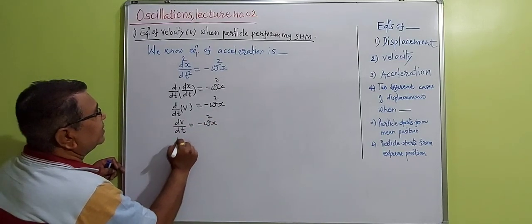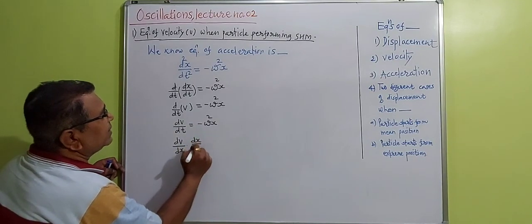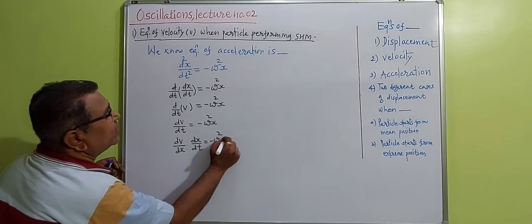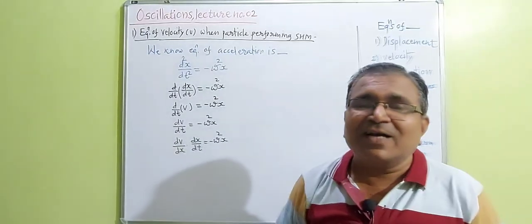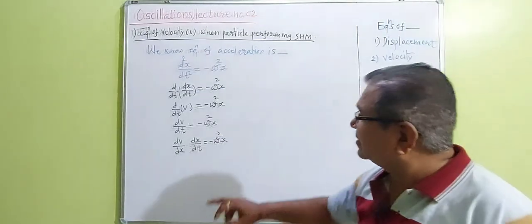This may be written as dv by dx into dx by dt is equal to minus omega square x. What have I done here? I have multiplied by dx and divided by dx.